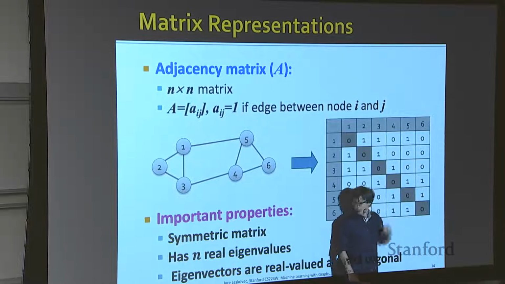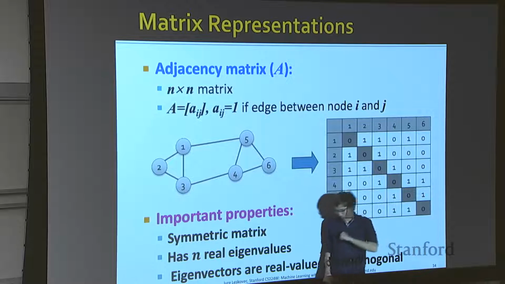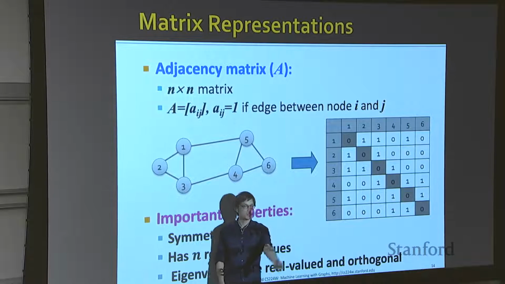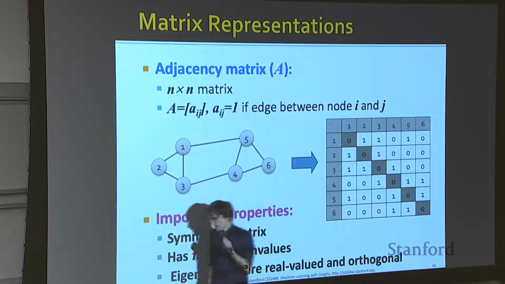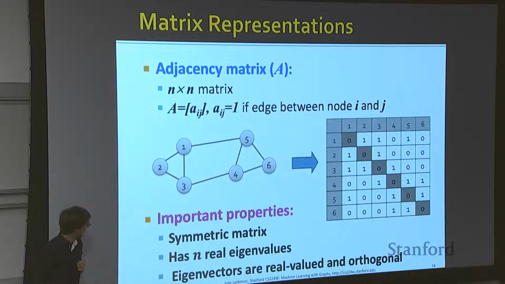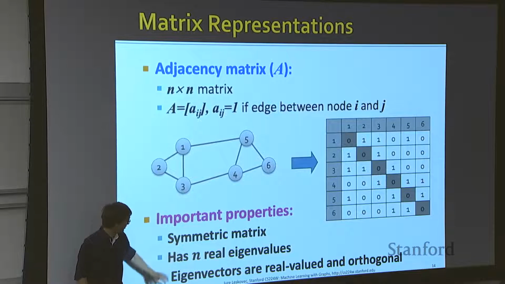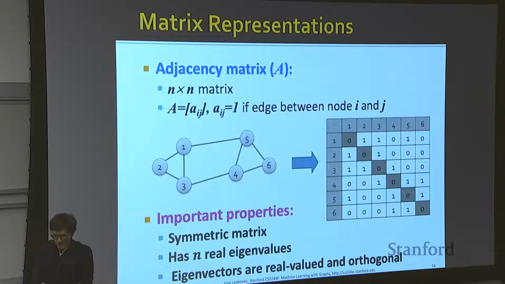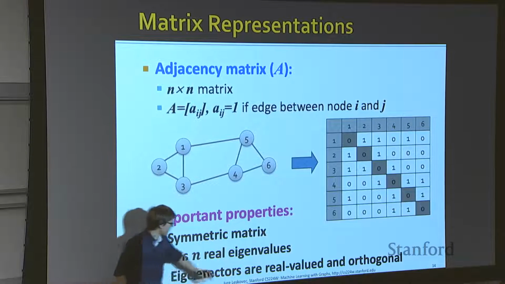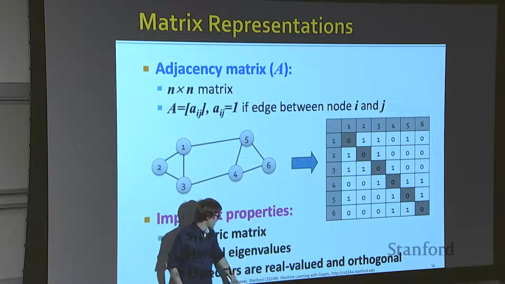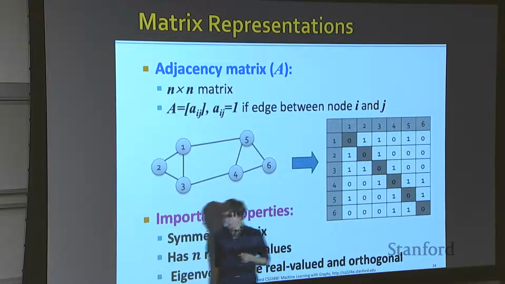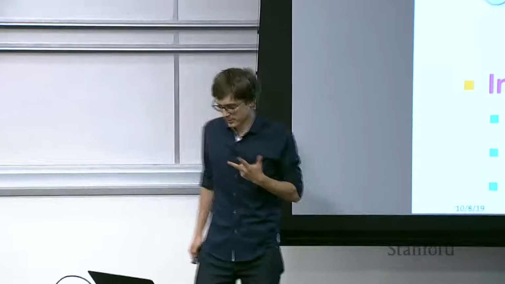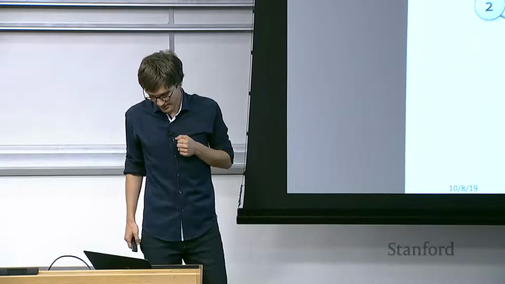It's symmetric because if node I is connected to J, then J is also connected to I, because edges are undirected. The other important property is that it has n real eigenvalues, the eigenvectors are also real valued, and by definition eigenvectors are orthogonal. These are three important properties of this type of matrix.